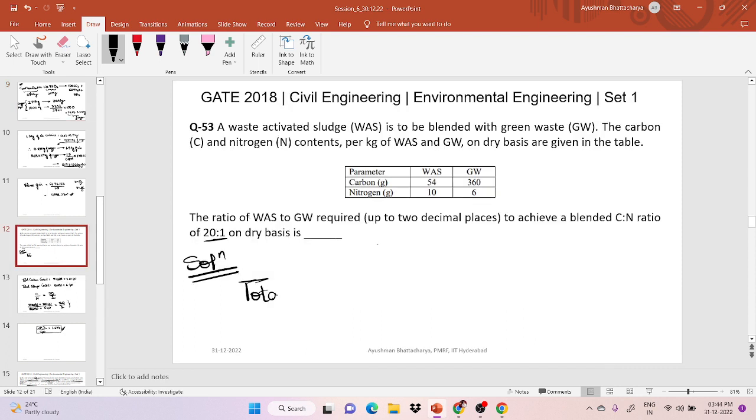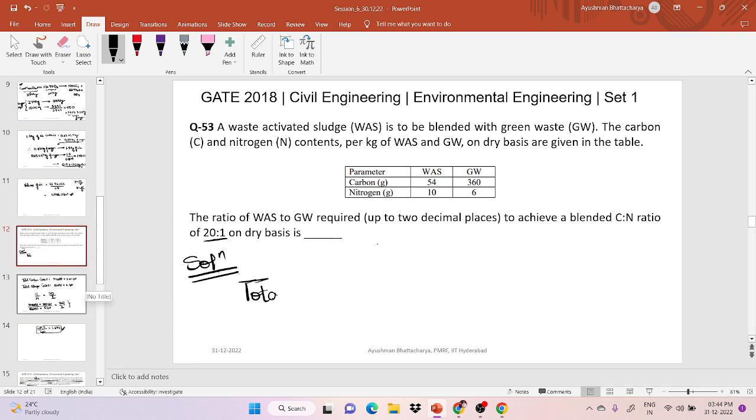Then we solved one question which was based on the C by N ratio. In the question, they have given us the parameters carbon and nitrogen, and how much their concentration is in waste activated sludge and green waste, and then they are asking for the ratio of waste activated sludge to green waste required to achieve a blend with a C by N ratio of 2:1 on dry basis.